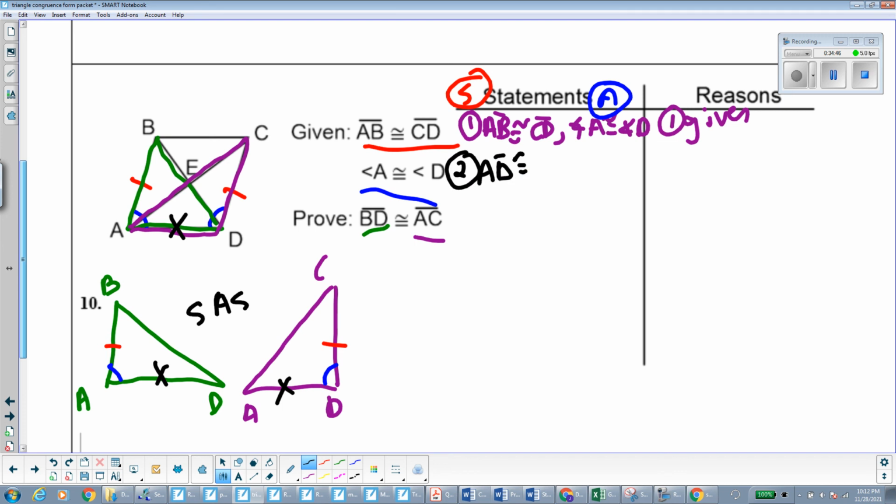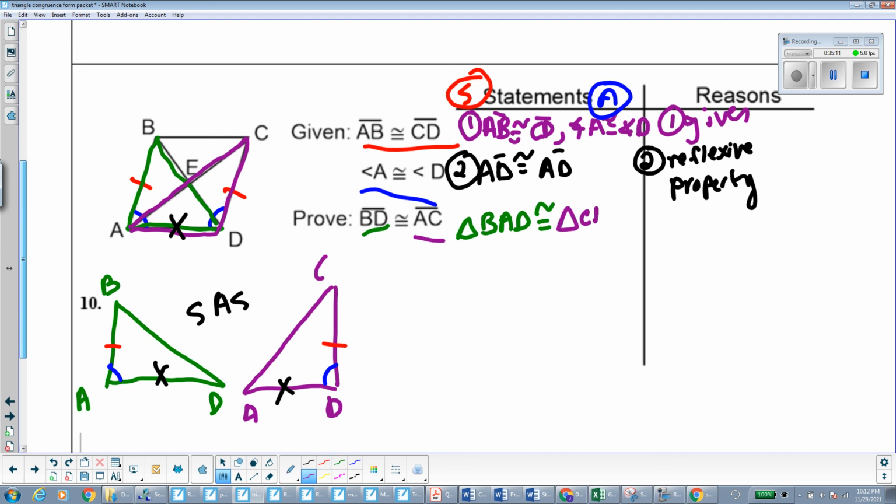AD is congruent to AD, and that's by the reflexive property. And then we can definitely make the statement that triangle BAD is congruent to triangle CAD, and that's by SAS.